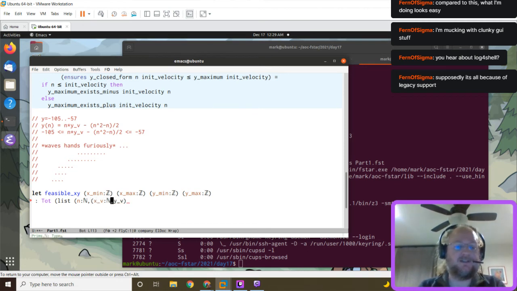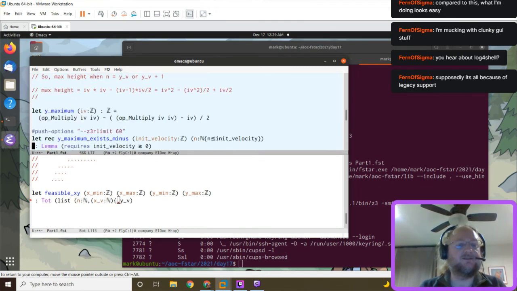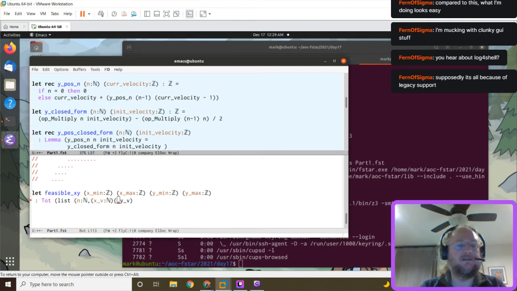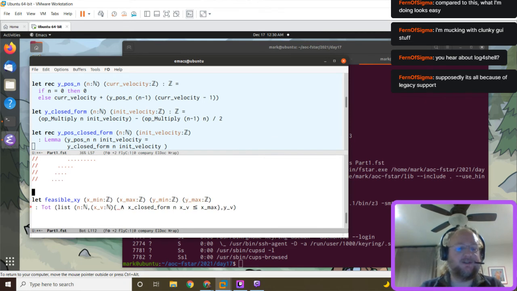an xv such that our closed form, x closed form of n xv, is less than or equal to x max. All right, I'm going to write a helper in range.